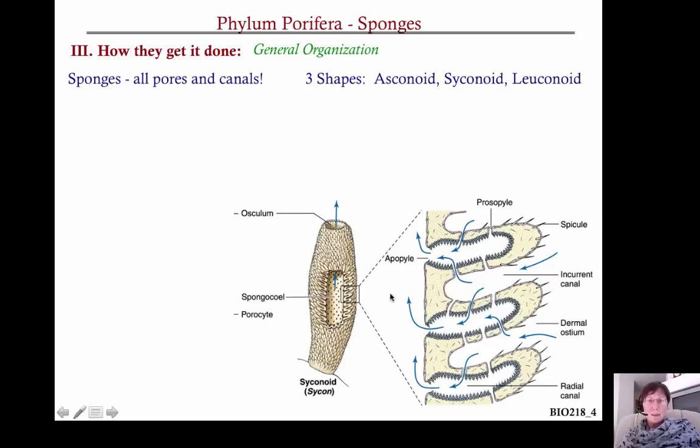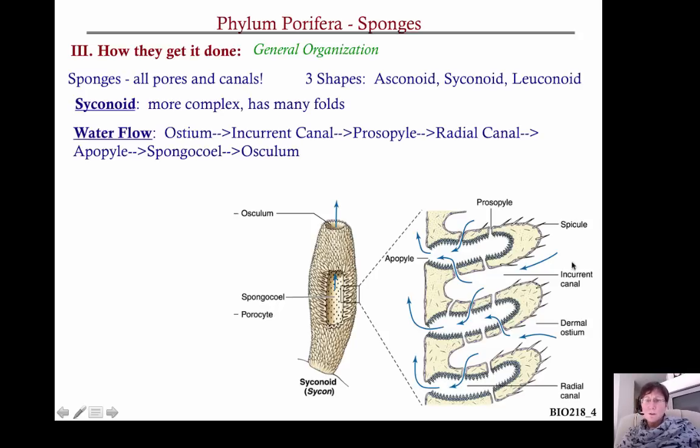What they're showing you here is a cross section through the side of the sponge, and it's blown up here. Let's go through the water flow. There are a number of different terms that you need to know here. You start out here, and you're going to go into this in-current canal. You enter this outer canal of the sycanoid sponge by going through this hole that's referred to as a prosopyle.